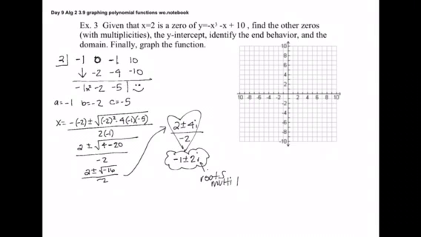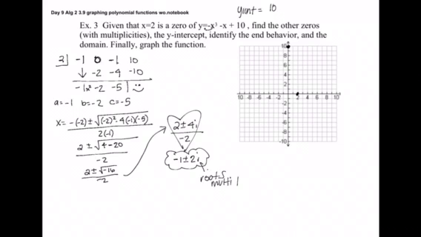In order to find the y-intercept of a function, I replace my x's with 0. So my y-intercept is +10. I know I have a zero at +2. My 2 happens one time.